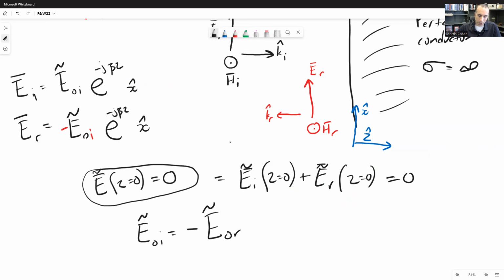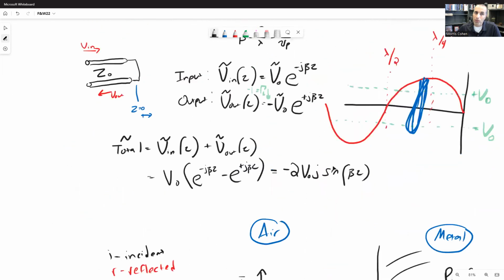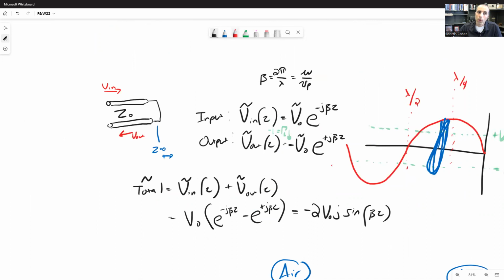Now we're going to define something called the reflection coefficient. And the reflection coefficient, not surprisingly, will be the ratio of the reflected electric field to the incident electric field as phasors. And this works out to be -1. Now this should hopefully look familiar because that was also the reflection coefficient for this case, where we have a wave reflecting off a short circuit, for which the reflection coefficient is -1.